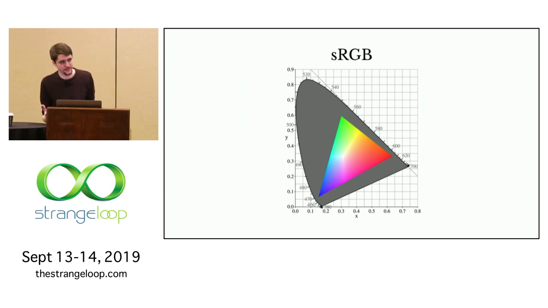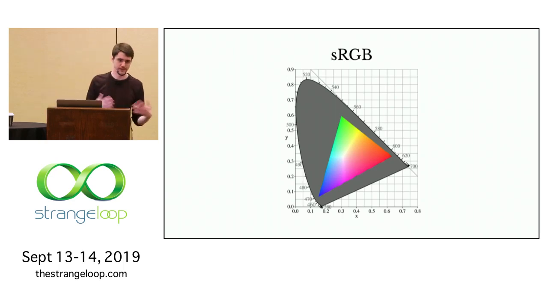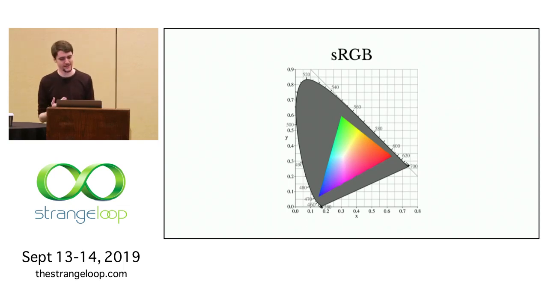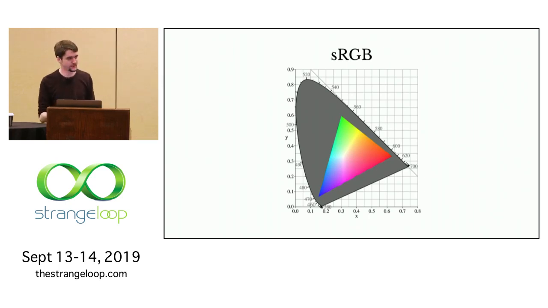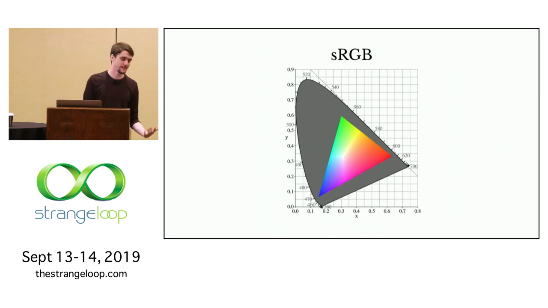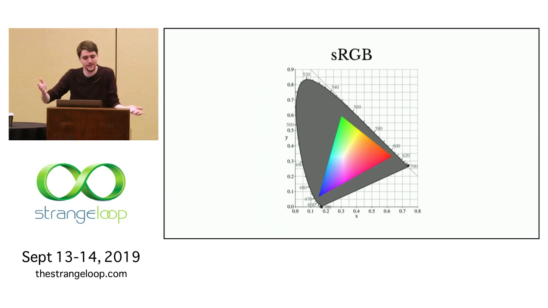And we know it has to be a subset because our monitors use visible primaries, right? The corners of that triangle have to be visible colors, so it has to be a subset. But it's a particularly small subset too, which you might wonder why that is. It was originally designed for CRT monitors, and CRT displays couldn't show anything more than that. So why would you waste the bits?